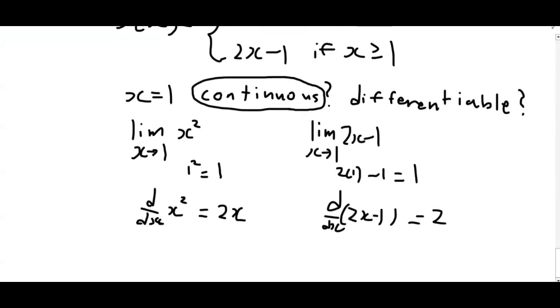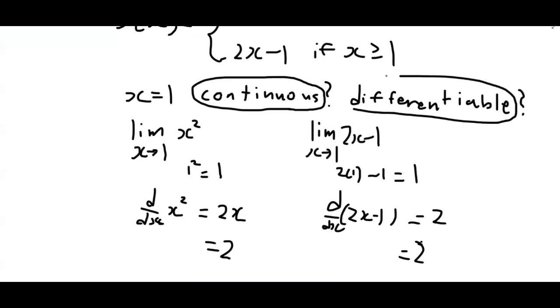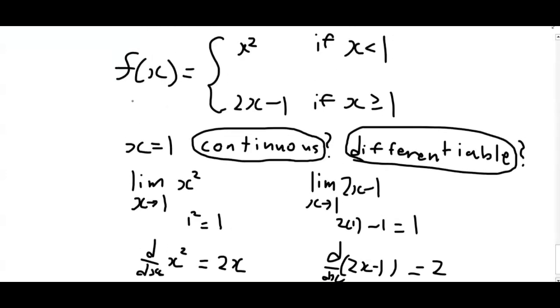And we plug in 1 for x, so this becomes 2. This is 2, obviously. And we can see that the derivatives are the same, so we can also conclude that it's also differentiable. So when x equals 1 for this function, it is both continuous and differentiable.